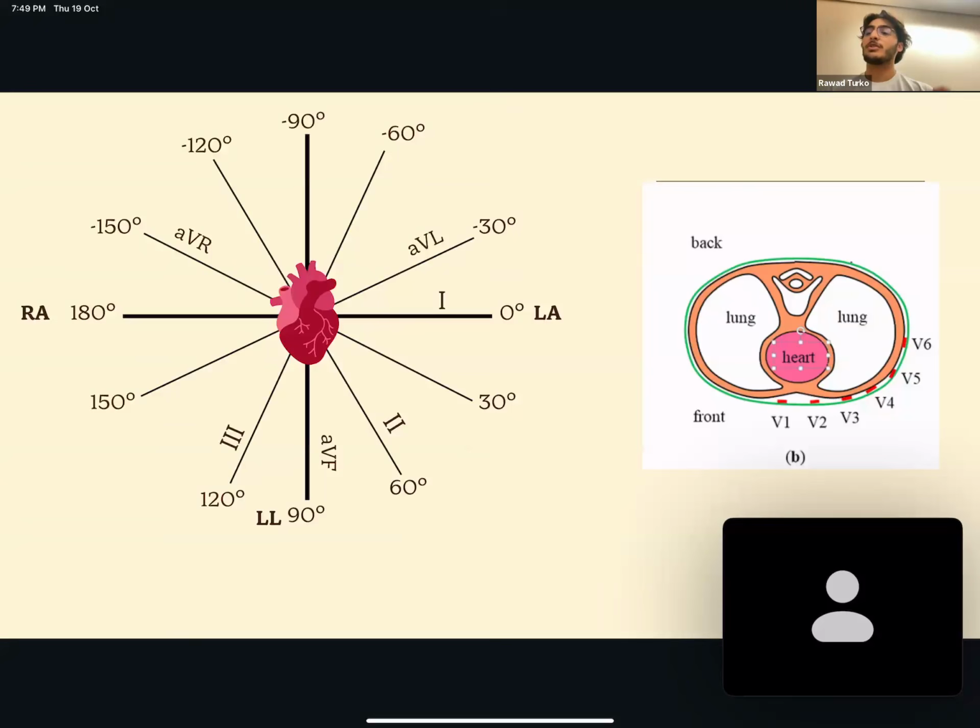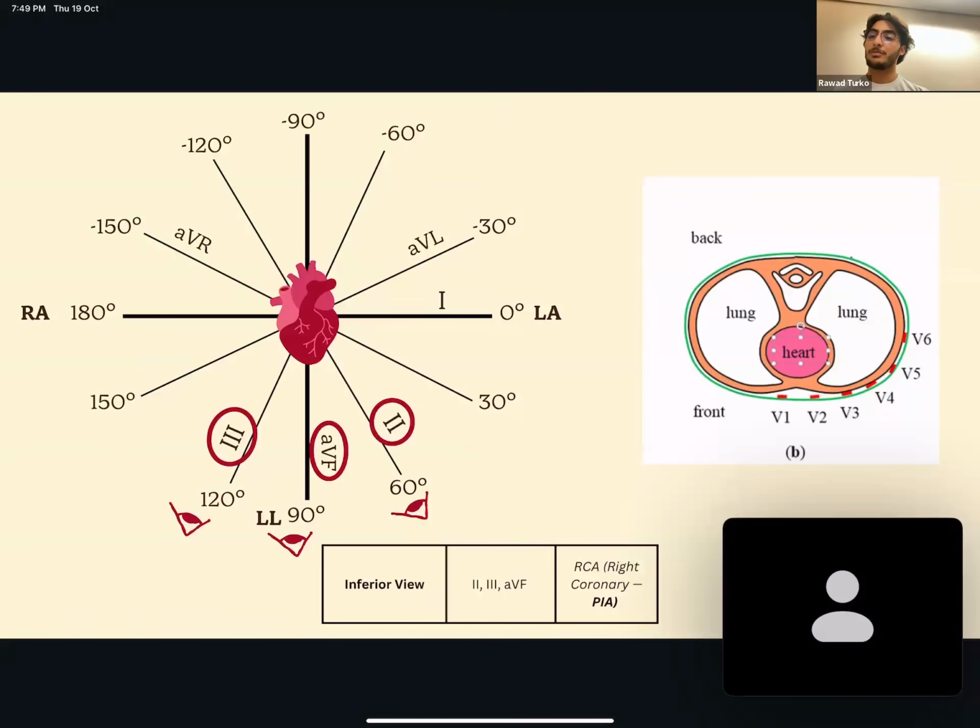Now that we've got all 12 of our leads down, we're just going to be pinpointing, from this lead, we're looking at this view of the heart. This one's this view. The first one we're going to talk about is your inferior view. Inferior view is going to be leads 2, 3, and AVF, all in the frontal plane.